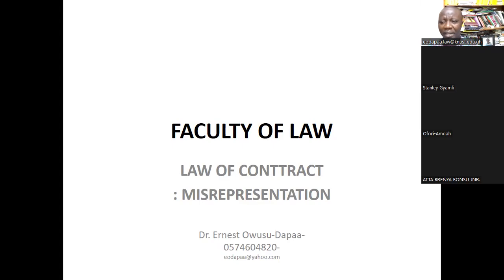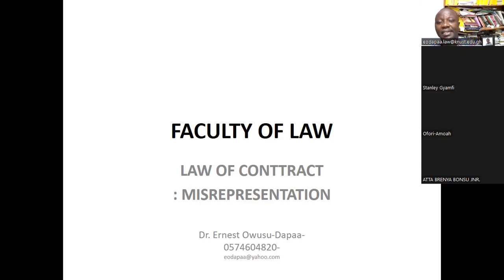And again, we also noted that mistake will produce or may produce different consequences, depending on whether you are dealing with common law or with equity. And of course, at common law, where mistake is established, the contract will be considered null and void ab initio. That is to say that it's a nullity, or it never existed, as it were.